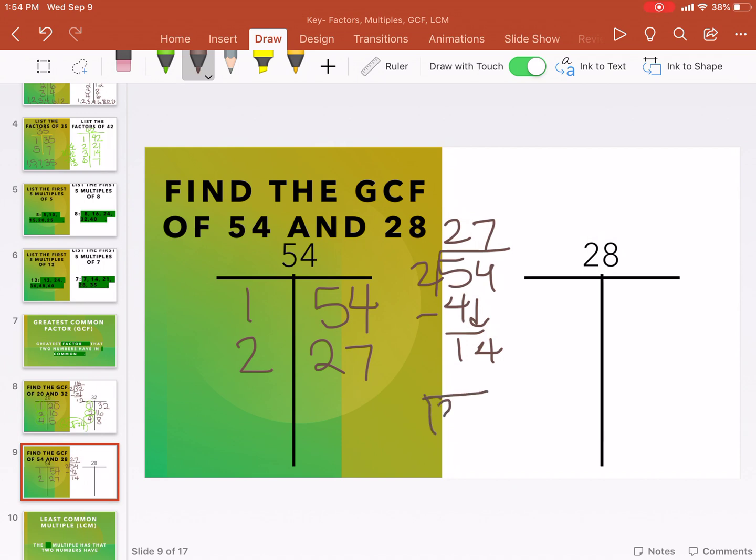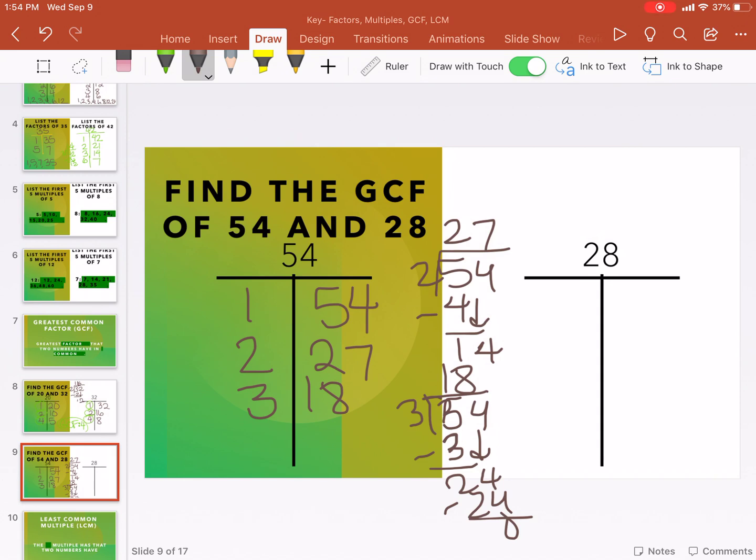Let's try 3. 3 times 8. Will 4 work? Nope. 5 work? Nope. 6 work? Nope. 7. Yes. 7 times 9 is 54.